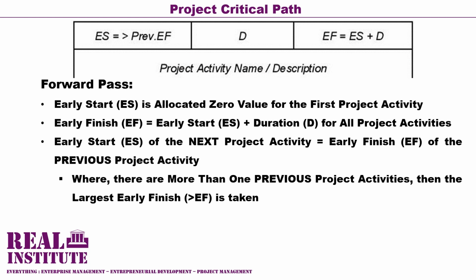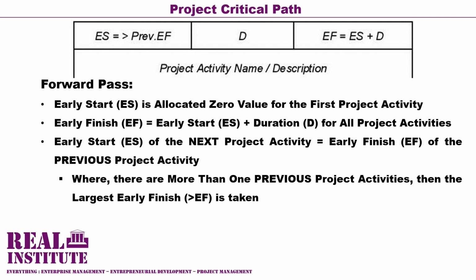Also, in a case of an activity that has more than one predecessor, that is, an activity that has more than one dependency activity, then the one with the largest early finish value becomes the early start value of the succeeding project activity.